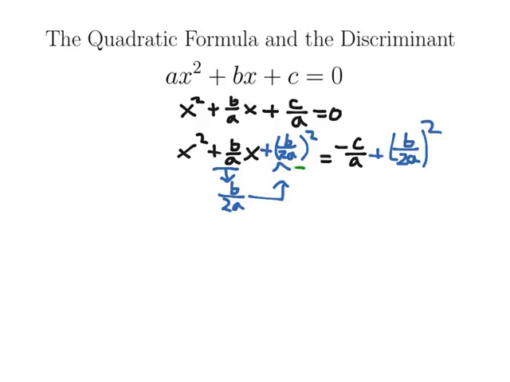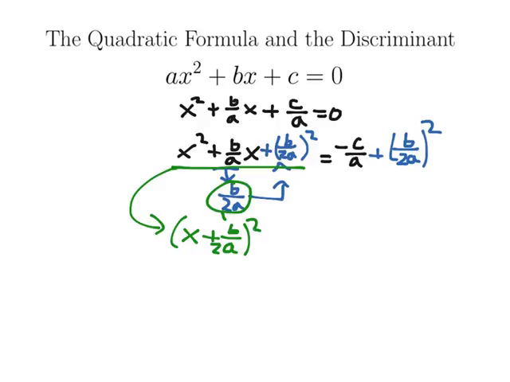So now I can rewrite this left-hand side as x plus b over 2a squared, because it's what we found here. So that's what it would look like on the left-hand side.